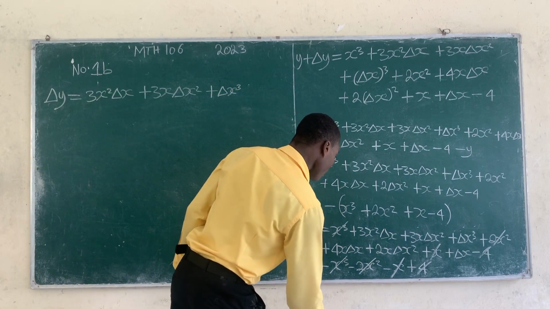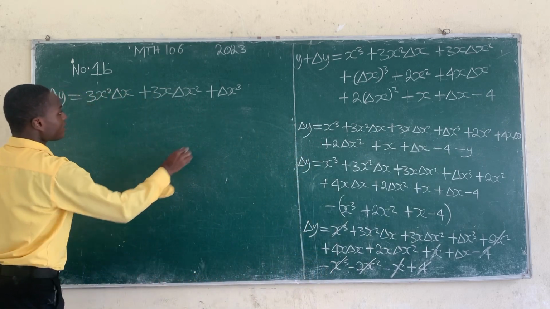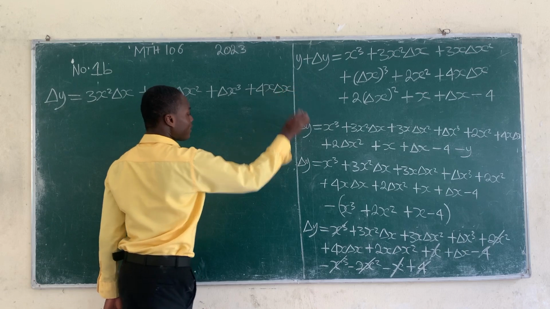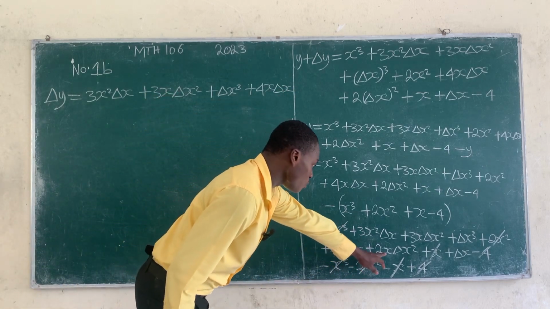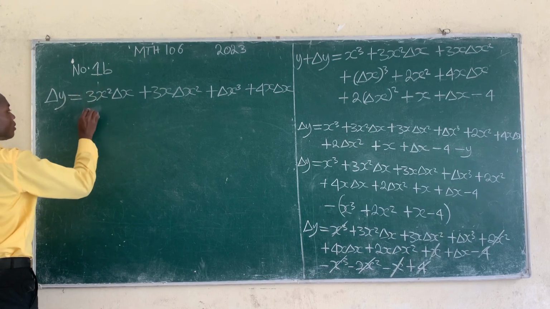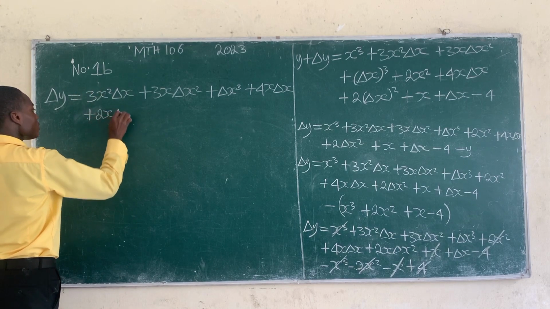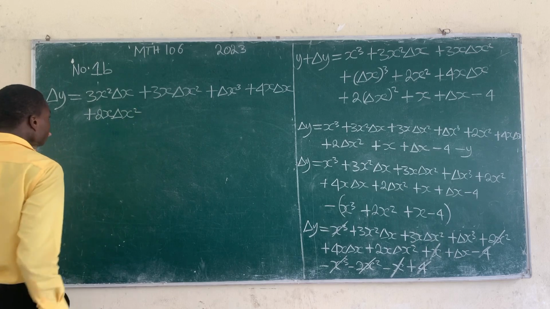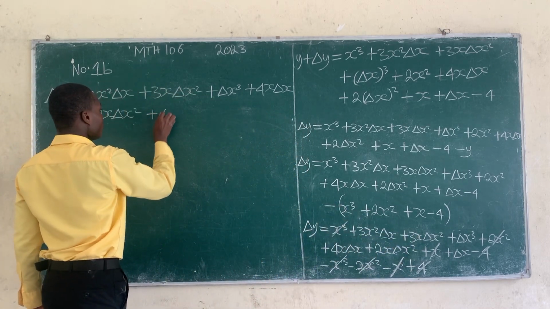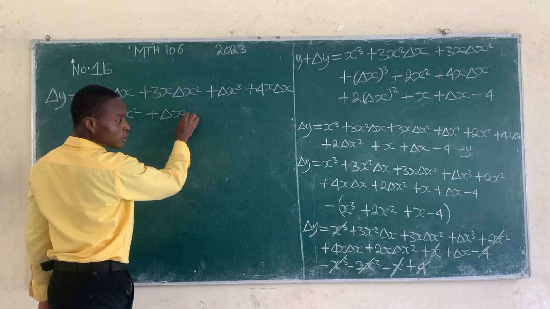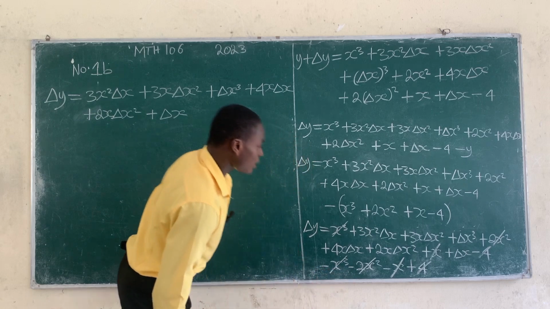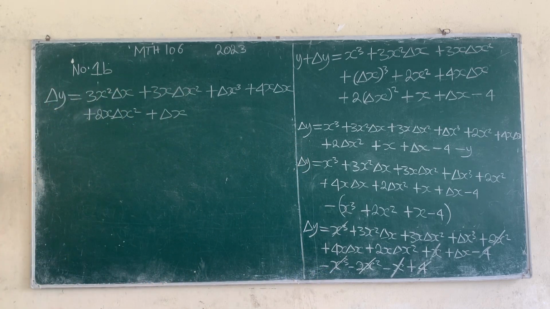The next one we have there is plus 4x increase in x, and our next one is plus 2x increase in x squared, and our next one there is plus increase in x. And is that all? Yes, that is all. So this is what we have.